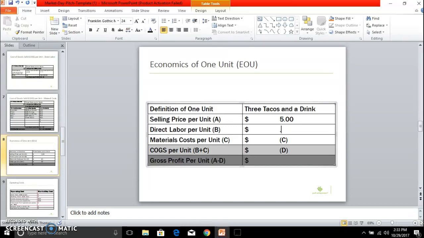The direct labor per unit we know is 36 cents. We know the material cost per unit from the second video was $2.44. So we know the cost is $2.80.